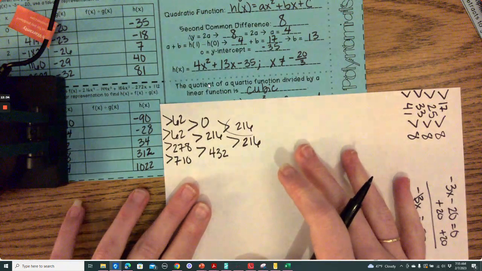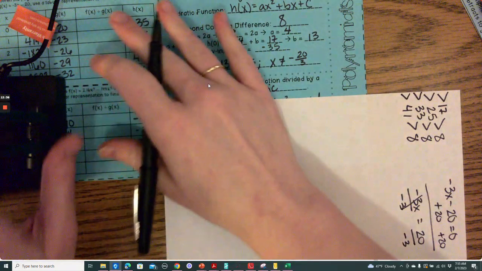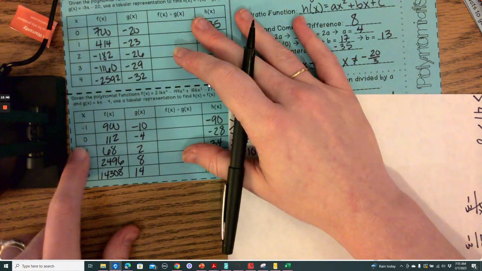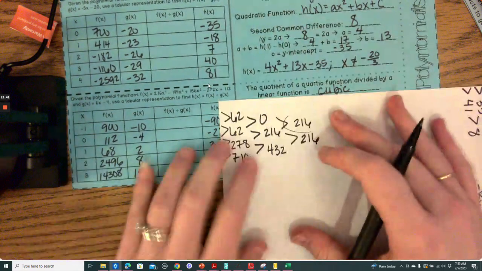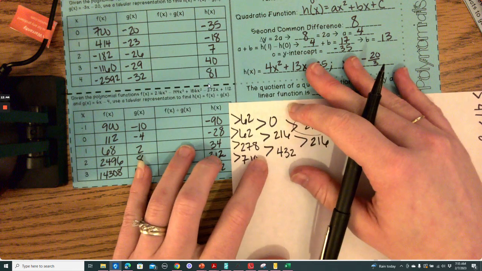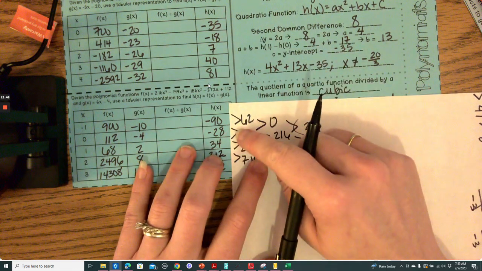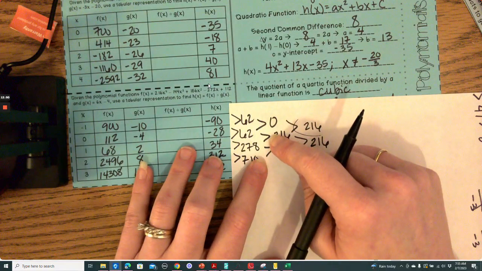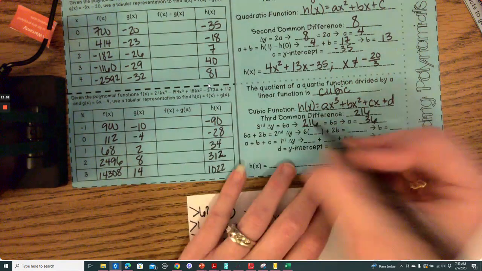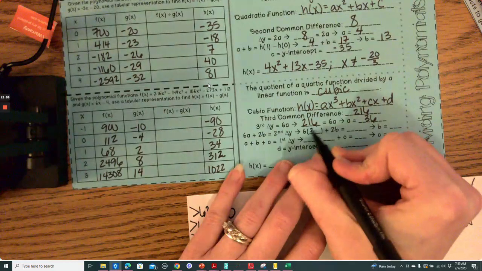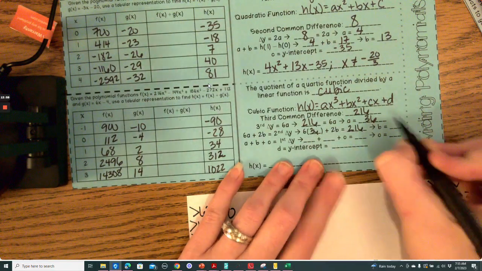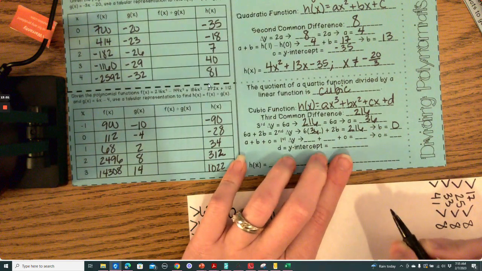So again, remember in between where x is 0 to 1 and then 1 to 2. So we want the second change there, which is going to be in between these two. So this one, which is 216 as well. So 36 plus 2b. And if we solve for b, our b value is going to equal 0.